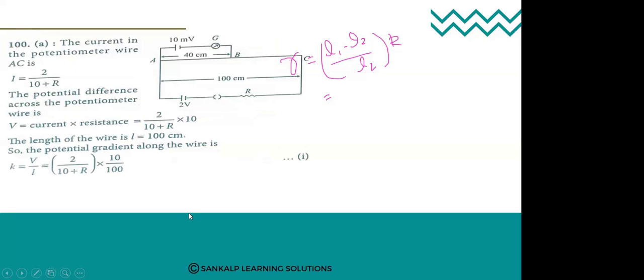See. So here you can see this. The current in the potentiometer wire is given as I is equal to V divided by R. So here, actually here the formula is like this.